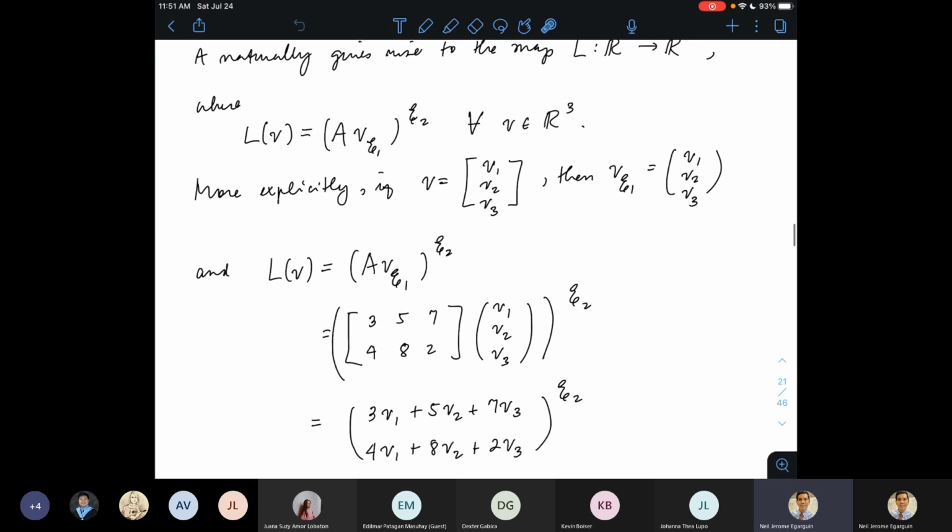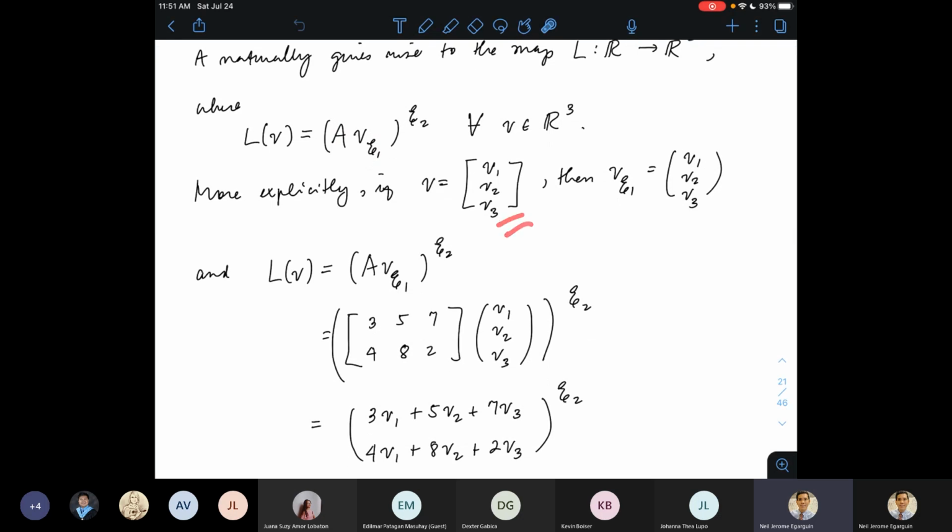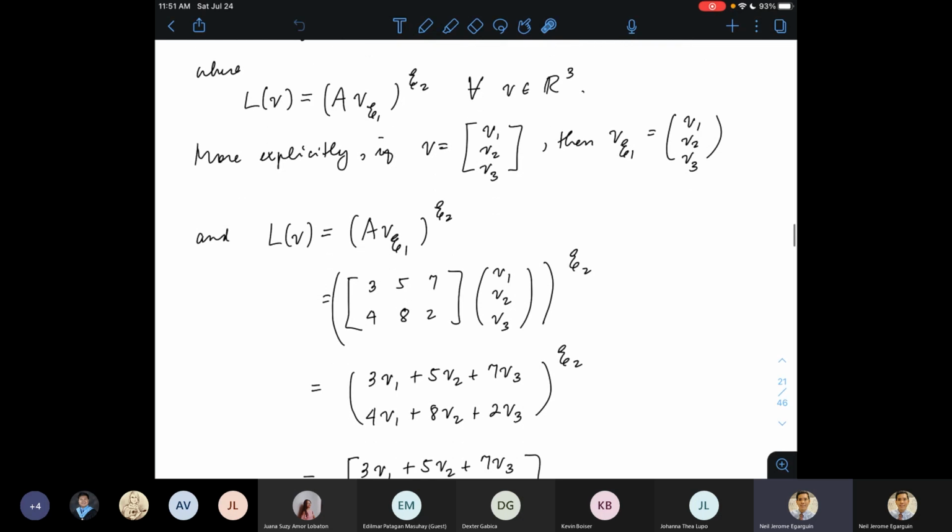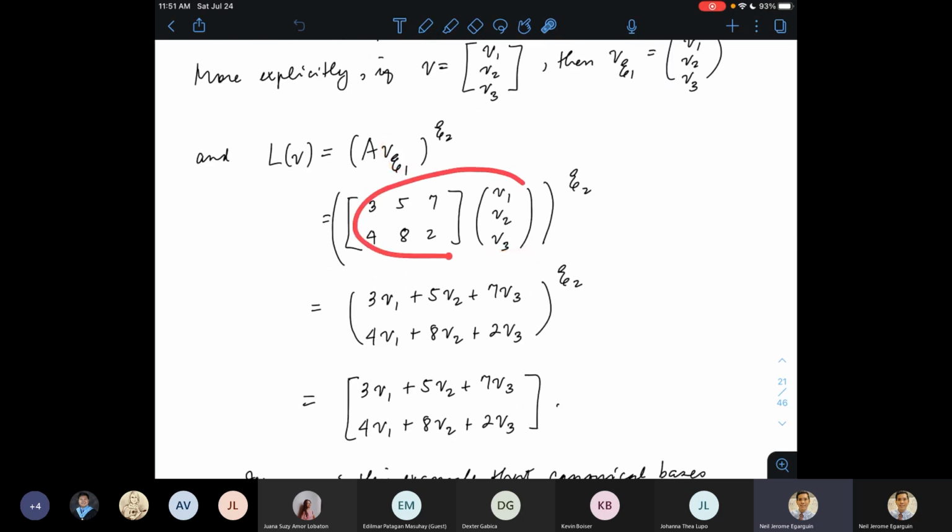Okay? So if we have V1, V2, and V3 to be the vector from R3, since we chose the canonical basis, the coordinates of V with respect to canonical basis E1 is equal to V1, V2, and V3. Again, that's the advantage of choosing the canonical basis, all right? So plug it into here, we get this, and then we carry out the multiplication. But be careful, I'm going to use matvec as a shorthand for matrix vector multiplication.